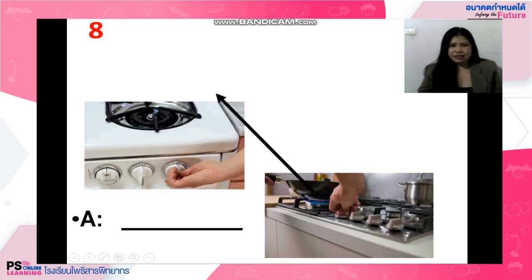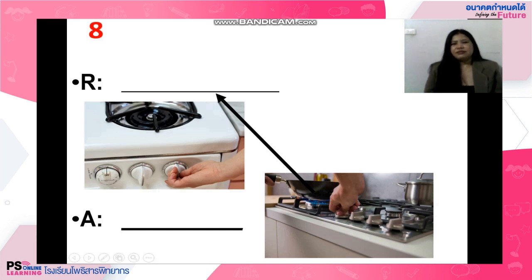Number 8. A request. Look here. Look at the action. Look at the second photo, okay? The photo below, not the photo on top. The photo below where the arrow is. That is your request. What is the request?